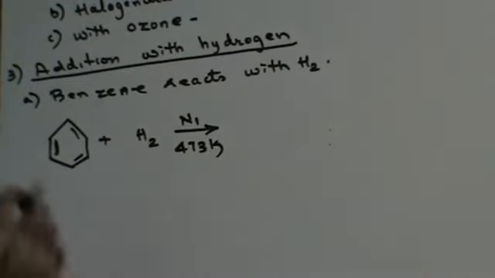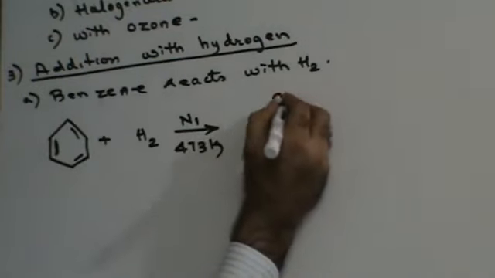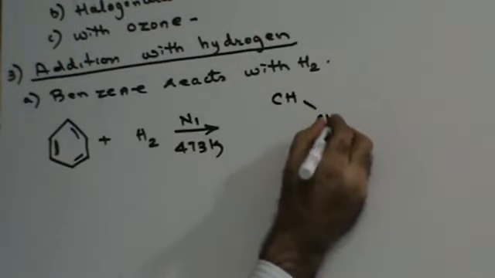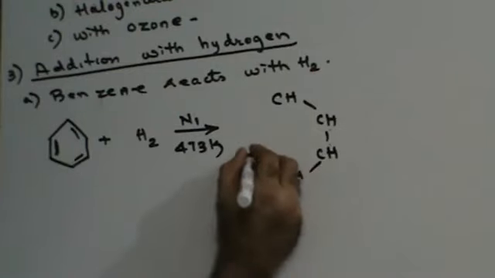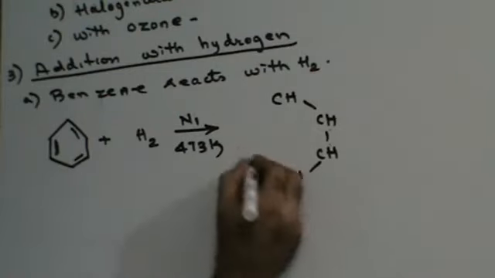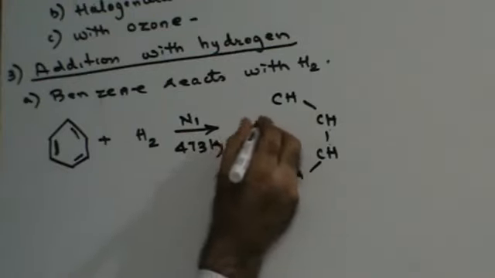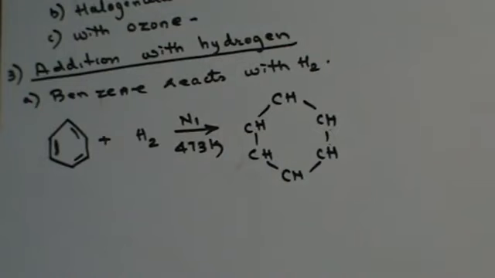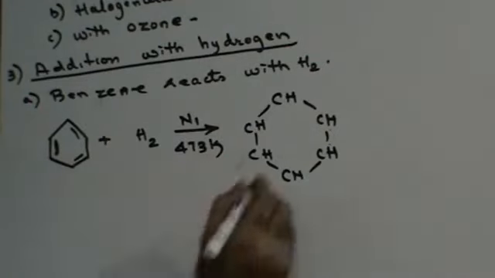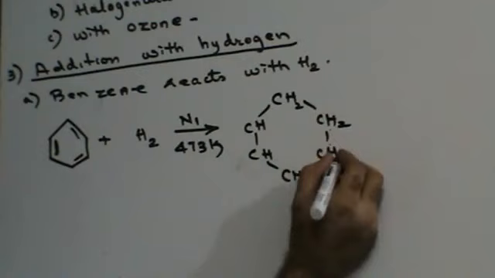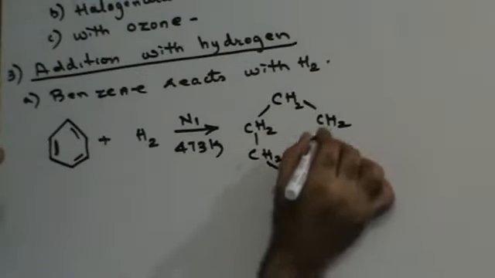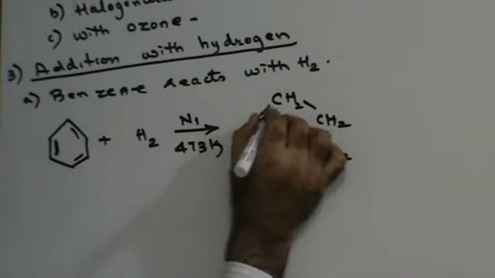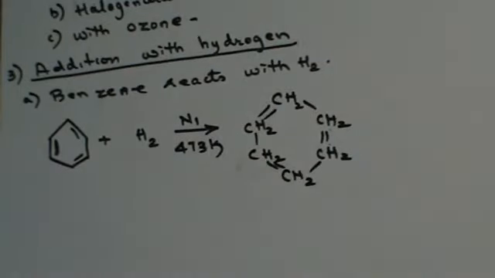What is benzene? CH, CH, CH, CH, CH and CH. This is benzene, C6H6. When you have an addition reaction, all of this will become H2. You have alternate single and double bonds. So this is what you are going to get.